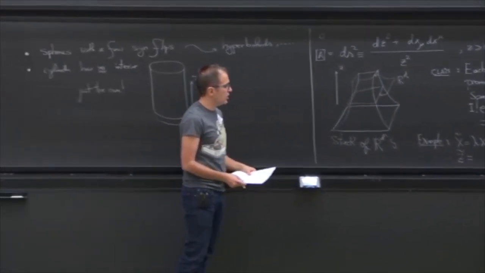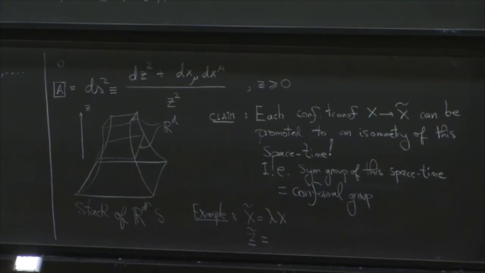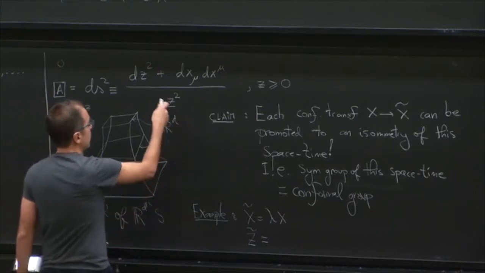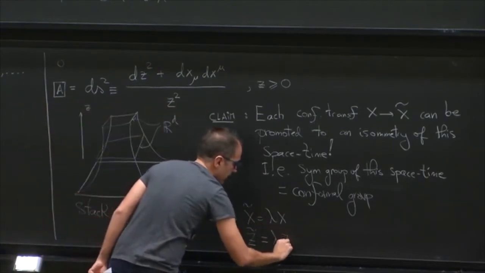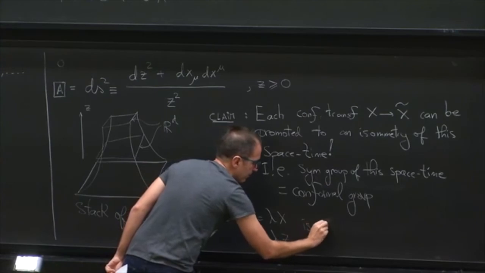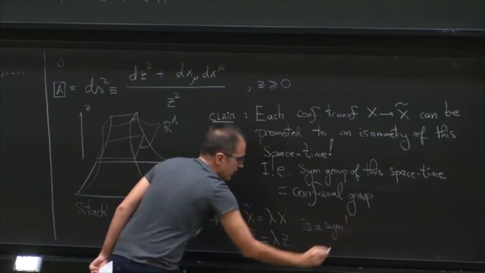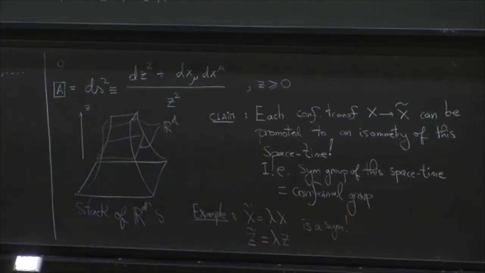I change x into lambda x. What should I change z into so that this metric is invariant? Lambda z, right? If I rescale everything by lambda, lambda z is a symmetry. So x to lambda x was not, but if I compensate by z goes to lambda z, now it's a symmetry.